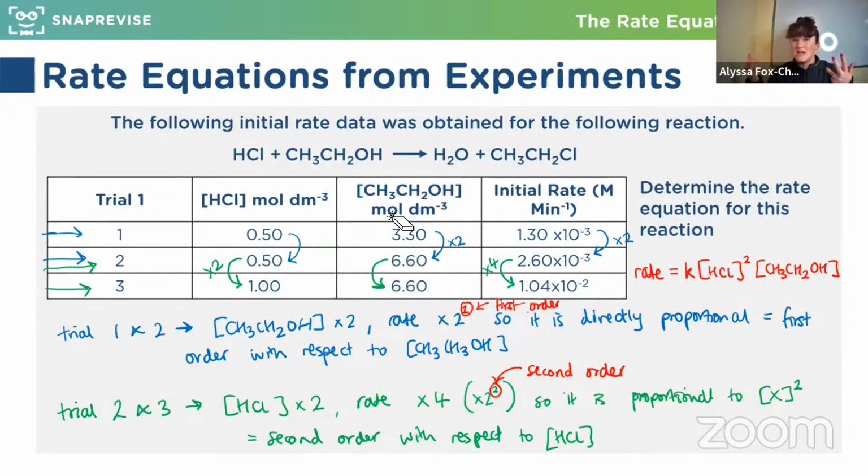The theory is identical, it's just third order, so it's a cubed relationship. But if you look back to the specification, they only talk about zeroth, first, and second order. Third order is there, it happens, so does fourth and fifth, but we're unlikely to be asked.